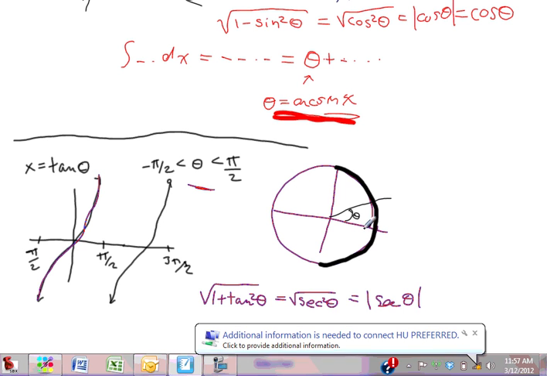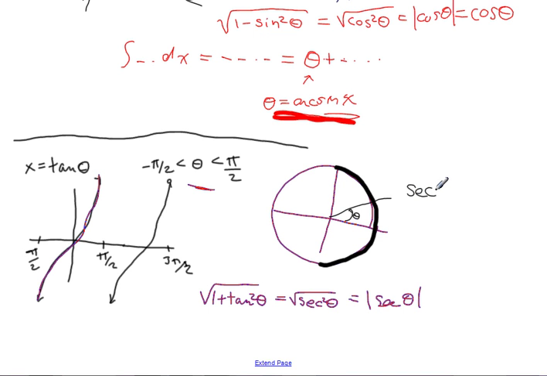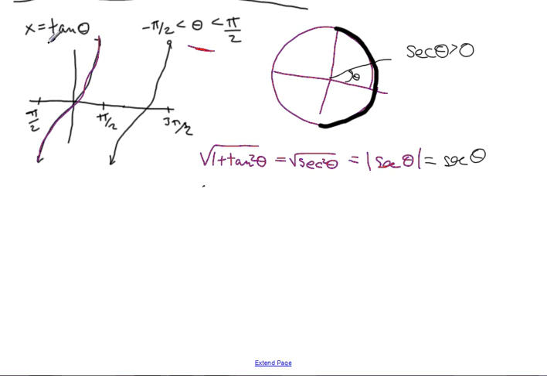So as we pointed out, cosine's positive in that restriction, therefore secant is positive, or at least, in this case, strictly positive. And so the absolute value of secant is simply secant if we have that particular restriction. And furthermore, if you have theta in your answer, you can solve for theta by simply applying the arctangent, which you can't do if we had another restriction.